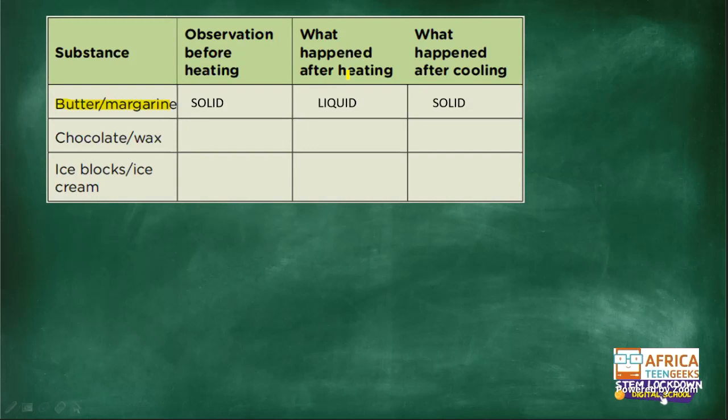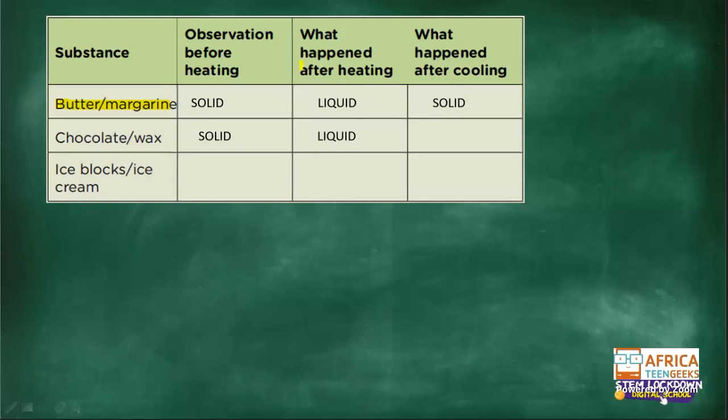Okay, so that butter that was a solid before has turned into a liquid when you added heat. But if you take it away from the heat, it becomes a solid again. Now, the same will happen to chocolate. The chocolate was a solid before, but now when you heat the chocolate, it will turn into a liquid. It will melt. If you take the chocolate away and you put it next to it for a little while, what will happen?